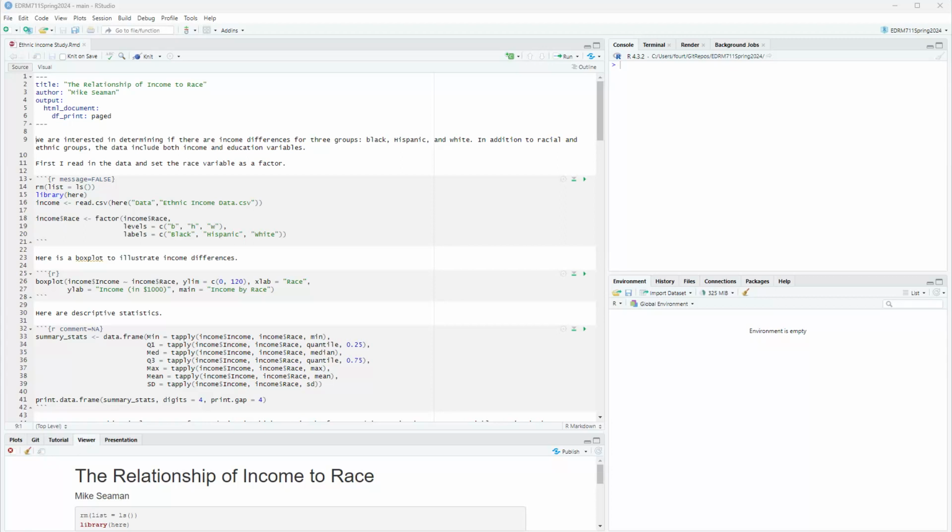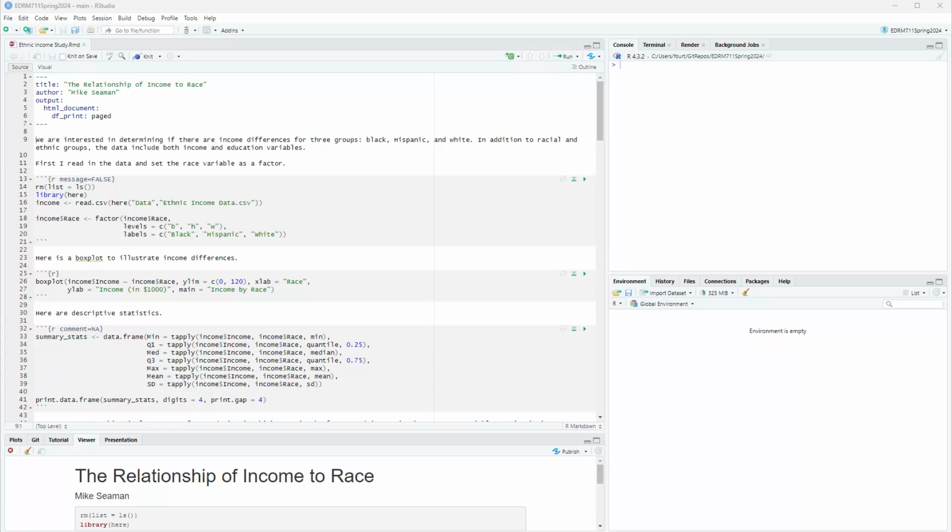Now, the term that I'm using here is race, but as you'll see, we have some racial and some ethnicity categories in our factors, so just bear with me as I use those terms rather interchangeably, even though they do not mean the same thing. I'm going to use them interchangeably here so I don't have to keep describing the difference each time.